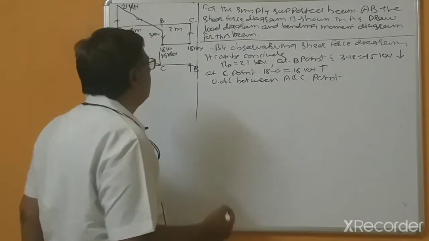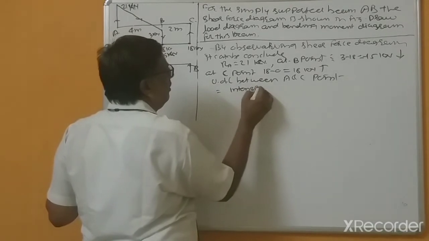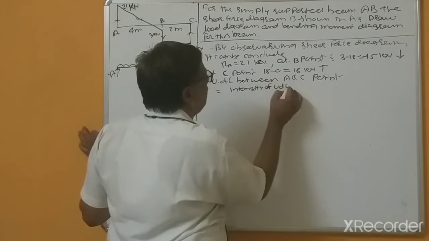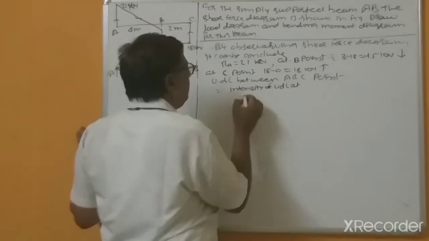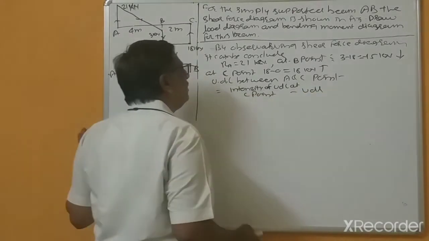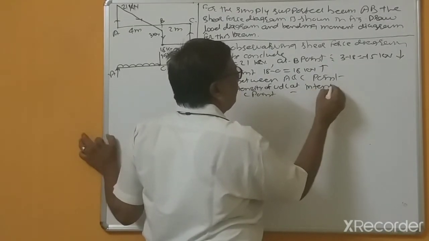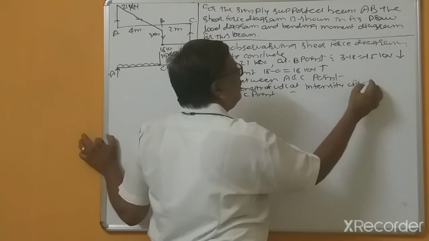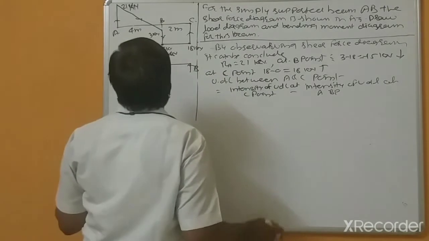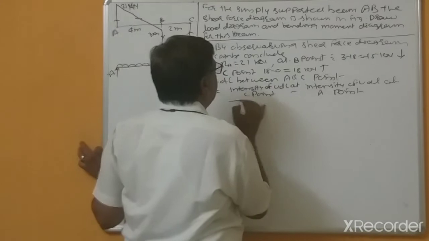Now the intensity of UDL at C point minus the intensity of UDL at A point, divided by the distance between A and C point.